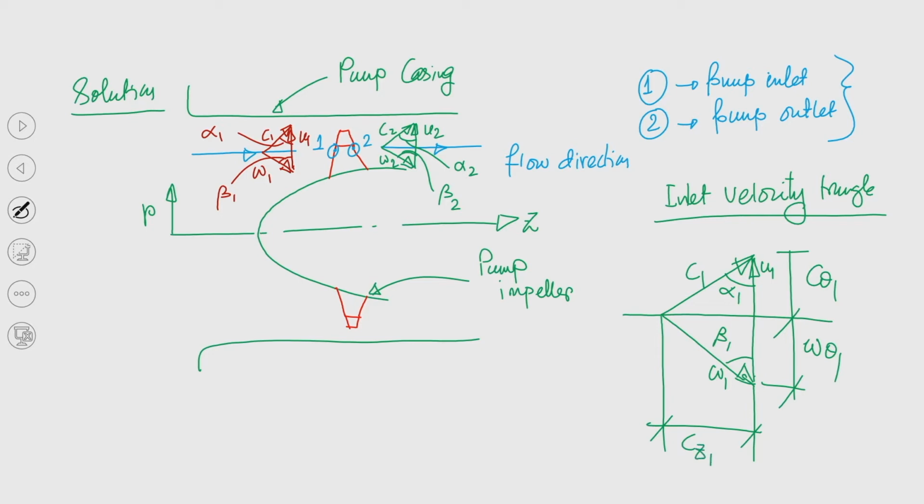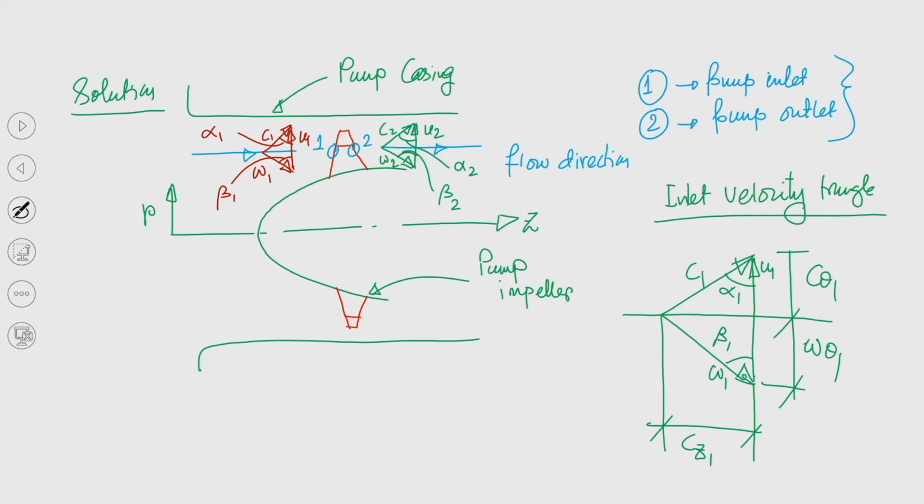Now, you may recall that the flow velocity is represented by Cr1 and Cr2 at the inlet and outlet for the radial flow pump. Here we will be representing the flow velocity by Cz1, which represents the flow velocity at the inlet, and similarly Cz2 will represent the flow velocity at the outlet. Why? Because now fluid flow takes place in the z direction.